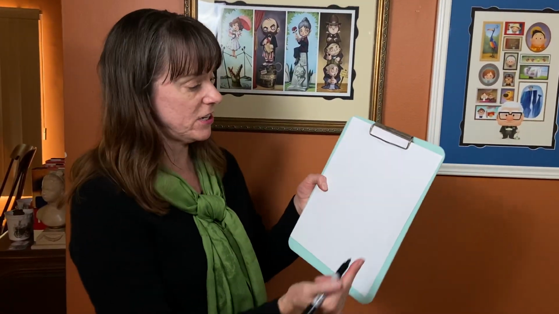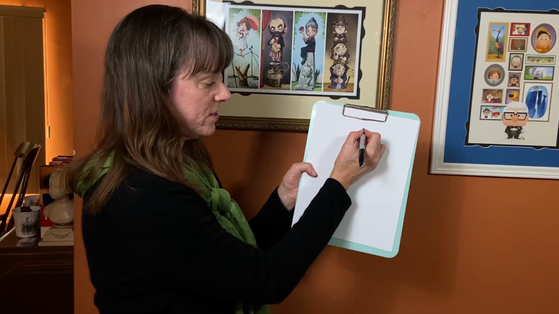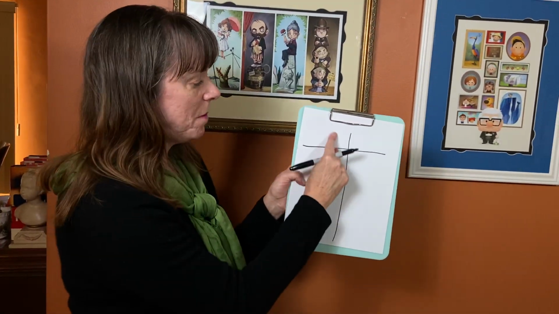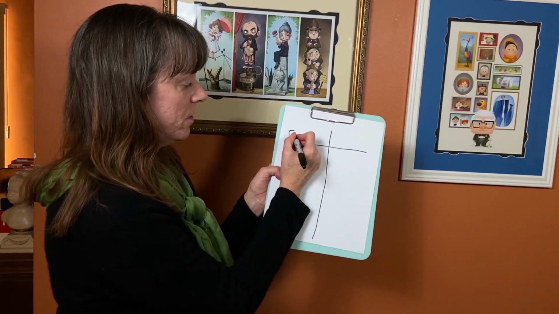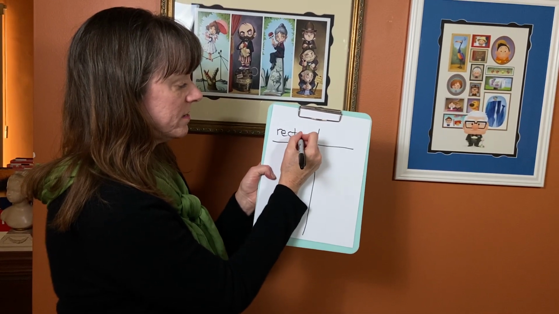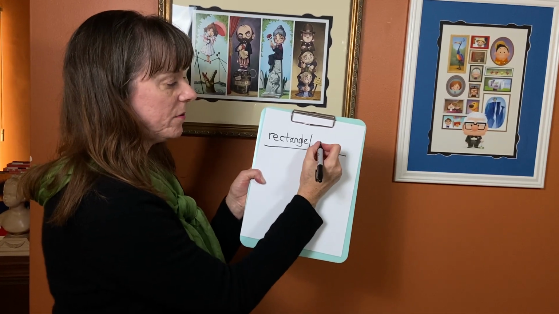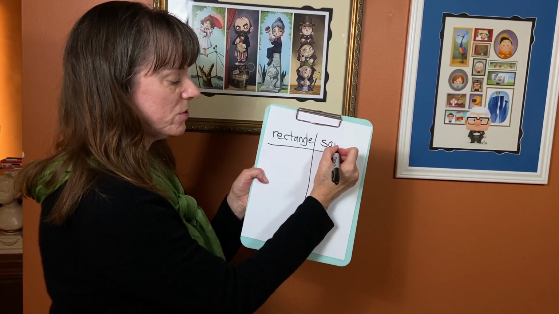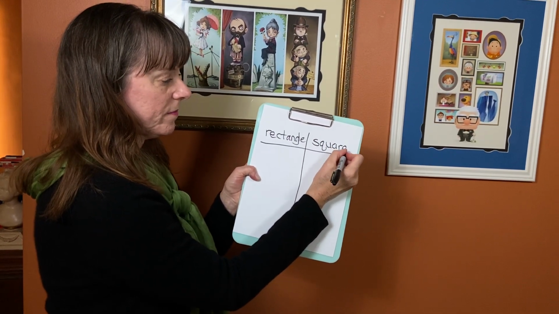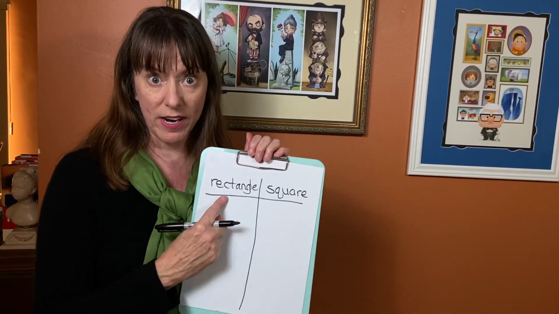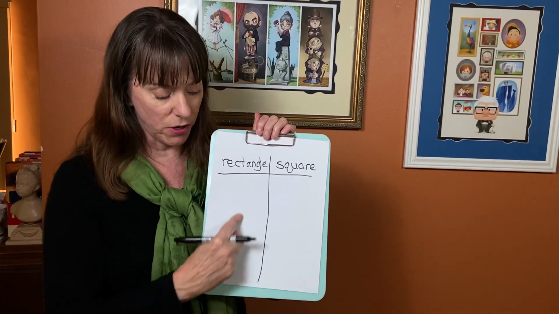And what I would like you to do with this is you're going to make what's called a T table or a T chart, which means you just make a giant T. Pretty straightforward. Up here, I would like you to write the word rectangle. And on this side, I would like you to write the word square. And then you are going to go on a hunt around your house looking for things that are rectangles and things that are squares, and you are going to list them here.